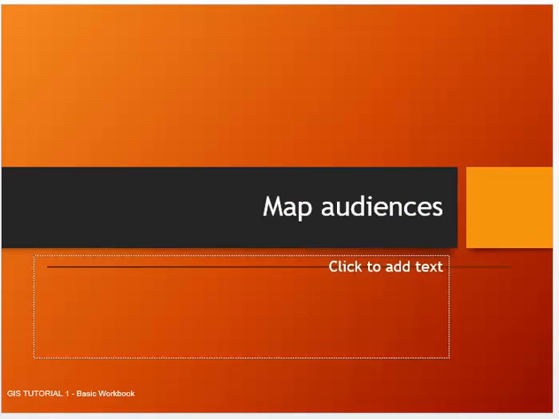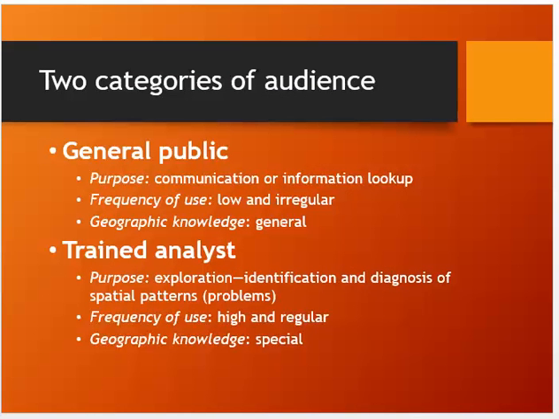So let's get started with the audiences that you might be working with. Like I said in the last chapter, the first question you want to ask when you're developing a map is who's going to be seeing this? What is their level of familiarity with the subject matter, with the area?